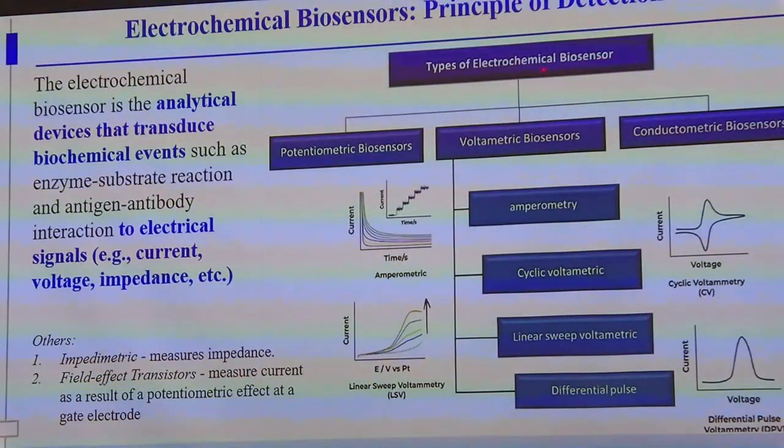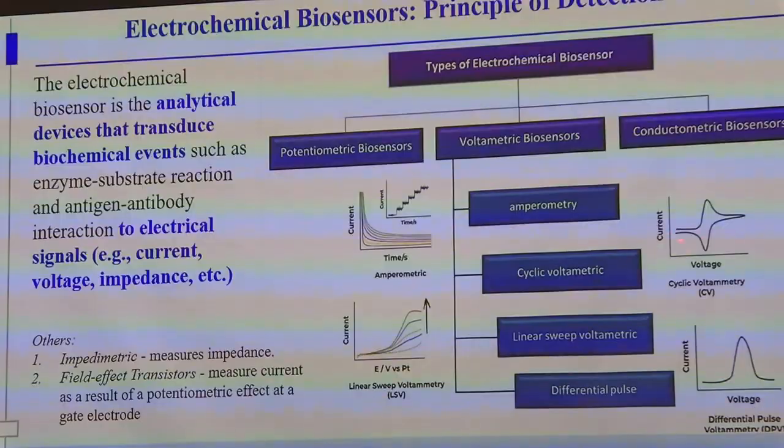There are different types of electrochemical sensor: potentiometric biosensor, voltammetric biosensor, and conductometric biosensor. In the voltammetric case, you have three different categories, for example amperometry, cyclic voltammetry, and linear sweep voltammetry. Today at least we will discuss these three examples, and here you can see the corresponding graph.